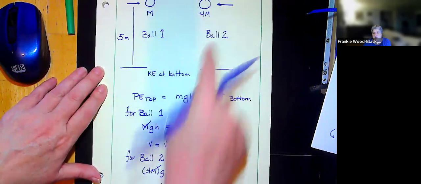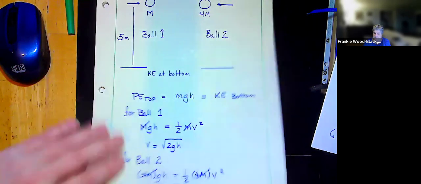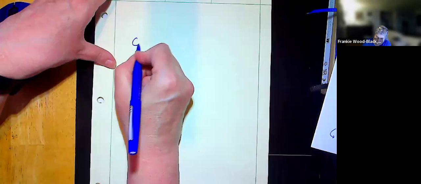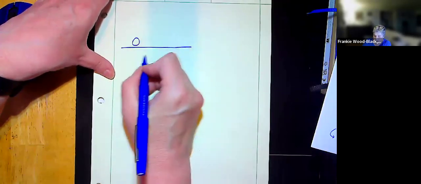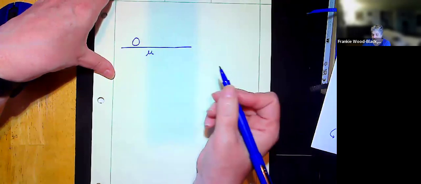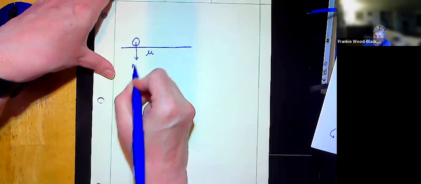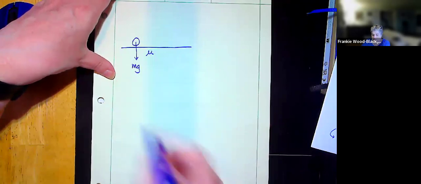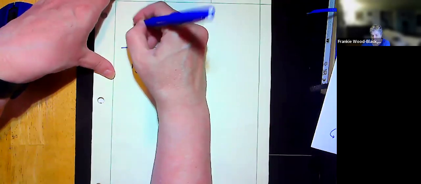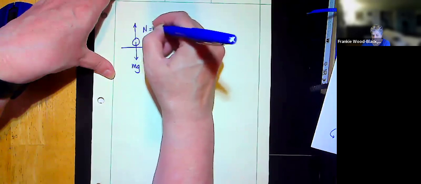Now, where that will come into play is this. If I have this ball and I've got a friction surface, we know that this is going to be mg, and my normal force is equal to mg.